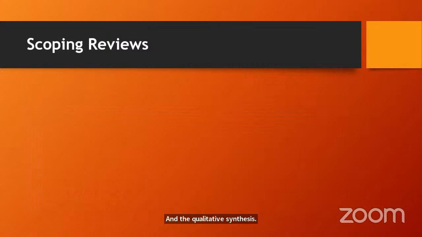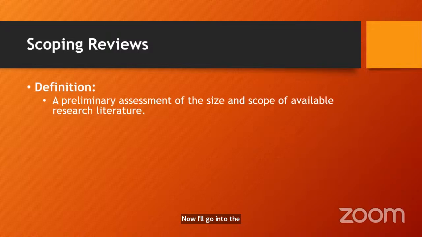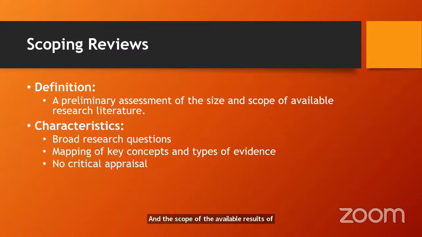Now I'll go into the scoping review. So you can see the definition. It is the preliminary assessment of the size and the scope of the available research literature. It is designed to address a general question. It also identifies and maps out the key themes and the type of evidence available.